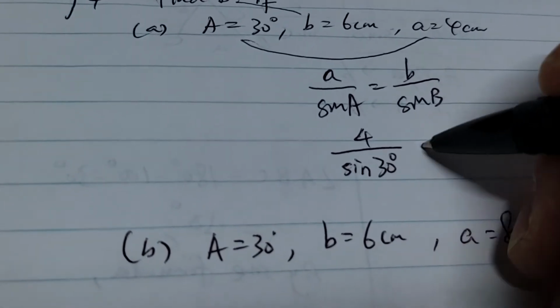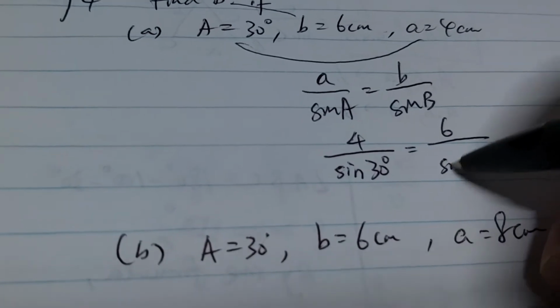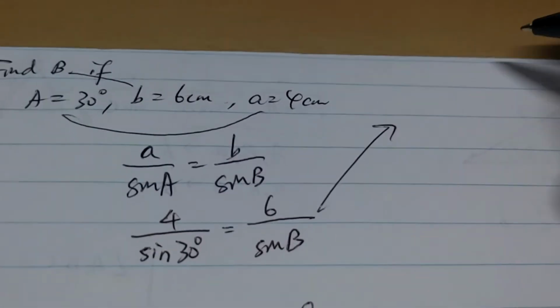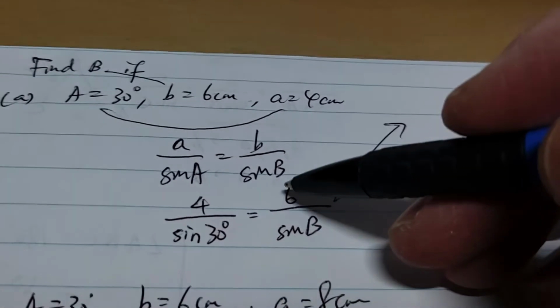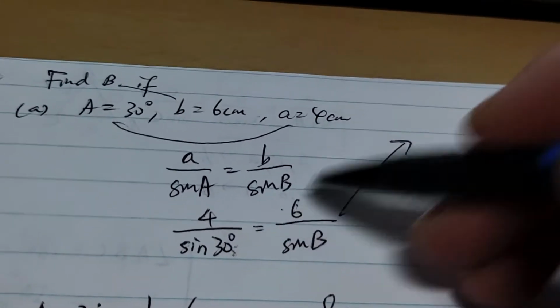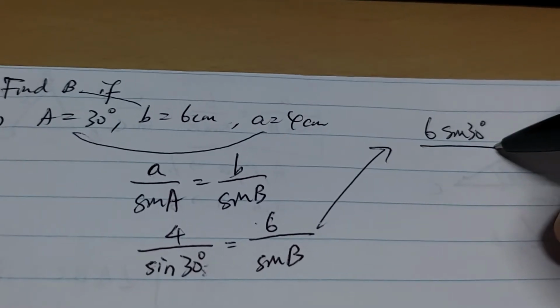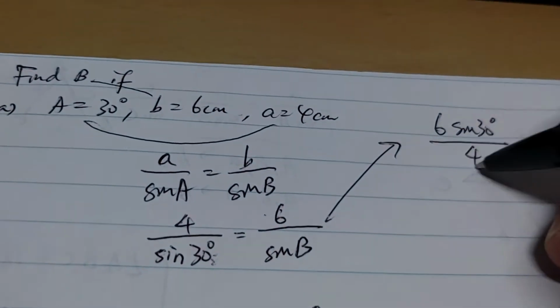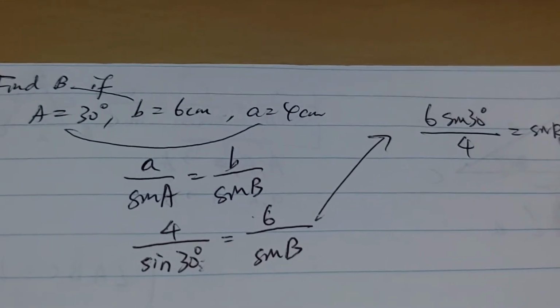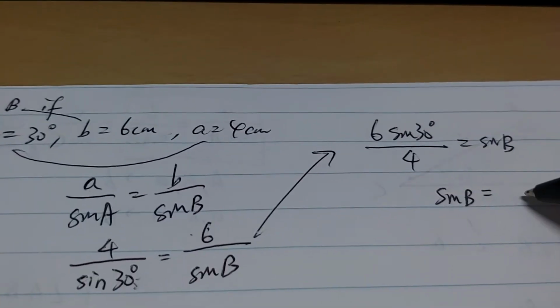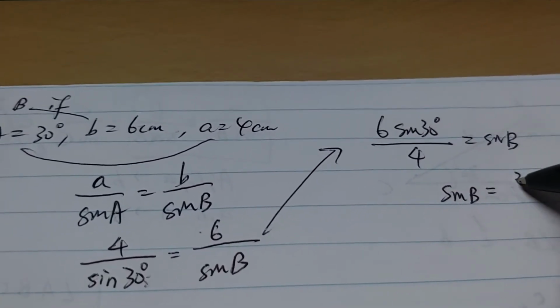4 over sine 30 degrees equals 6 over sine B. After multiplication, we multiply these two known values together: 6 sine 30 degrees over 4 equals sine B. So in this case, sine B is 3 over 4 or 0.75.